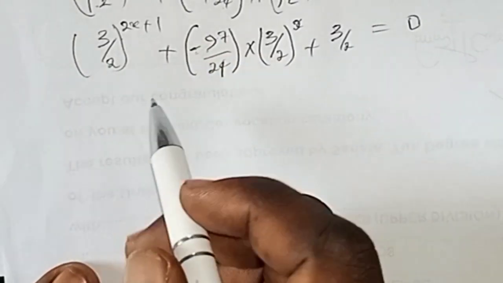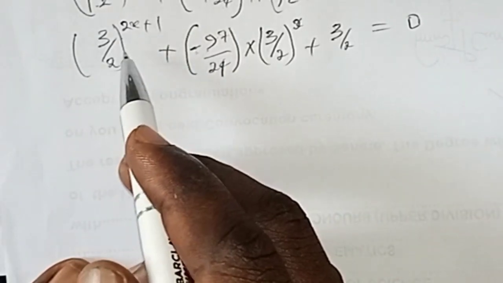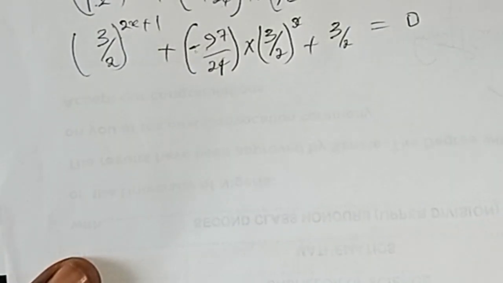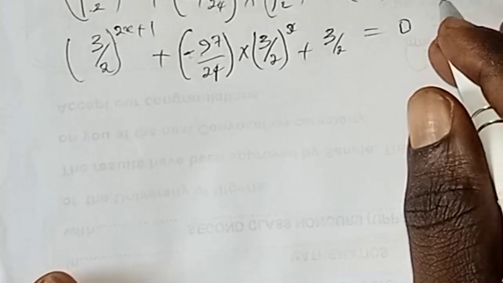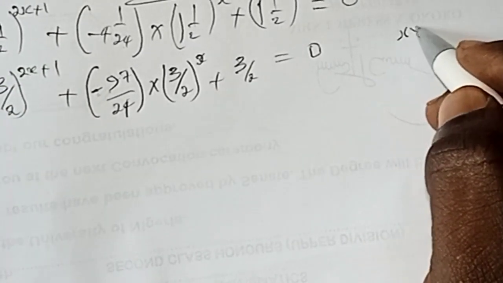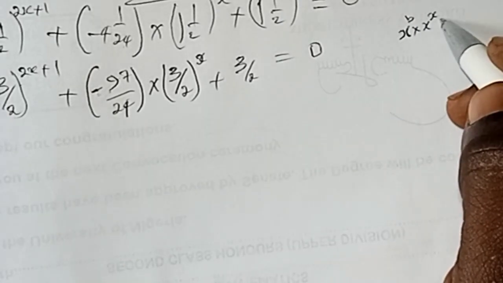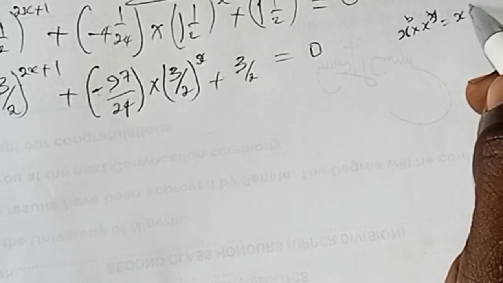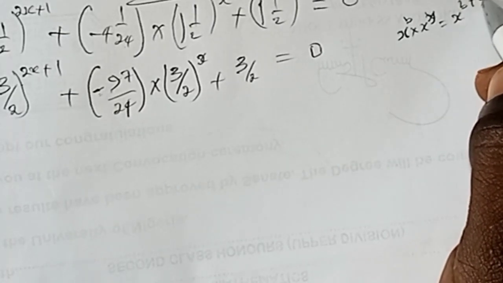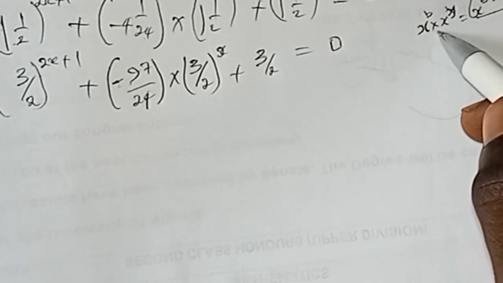So what I'm going to do now is go ahead and simplify this. From the law of indices, if you have x^b times x^y, you can write it as x^(b+y), since they have the same base. So you can convert back to this.